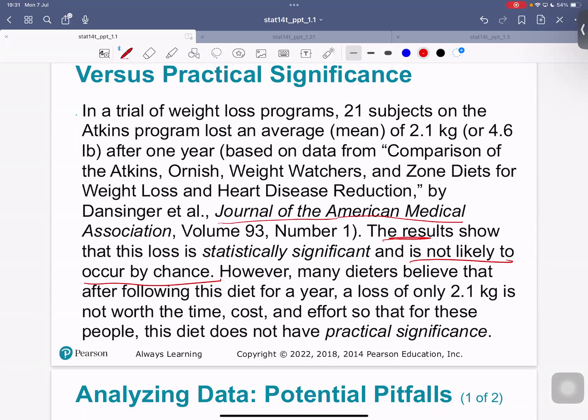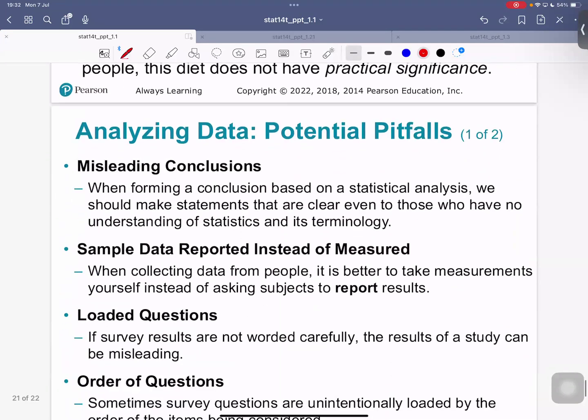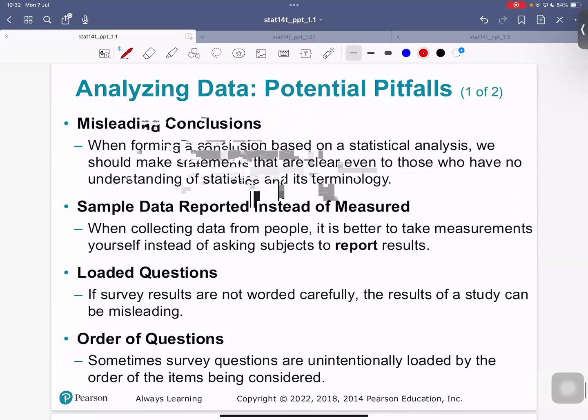Okay. So we all agree with that, right? Good. So let's consider the next thing: analyzing data, potential pitfalls, misleading conclusions. When forming a conclusion based on a statistical analysis, we should make statements that are clear even to those who have no understanding of statistics and its terminology.